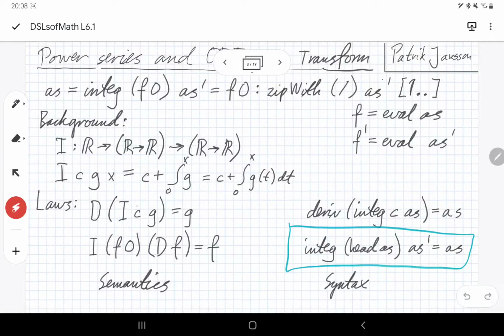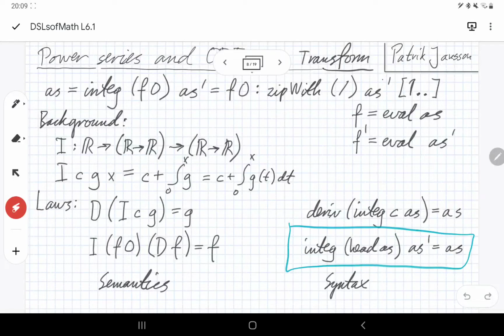But otherwise, you see the constant here is kept as a constant. The function g becomes some as, and g in both places is the same as. So the derivative of the integral, starting with the c, the as, then the integral would insert c and shift as and do some division. Deriv will throw away c again and do some multiplication to exactly recover as.